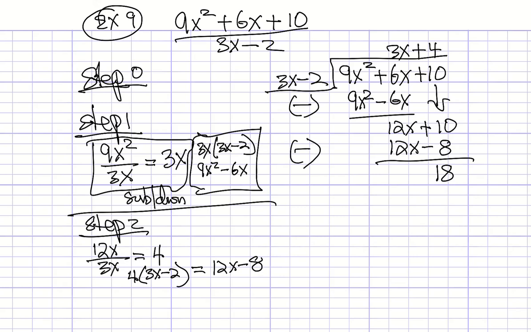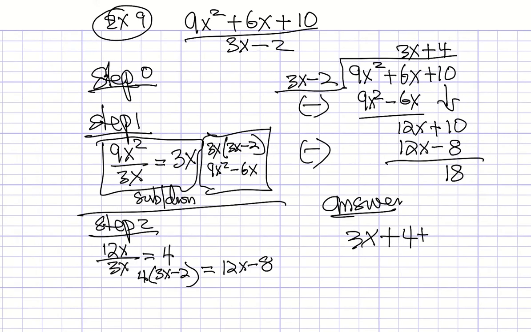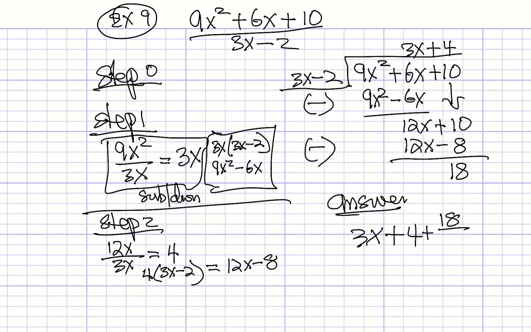So we'll say our answer is 3x plus 4, plus remainder 18. You don't have to put that arrow there because it doesn't make sense to put it there. It's 18 over 3x minus 2. You see it, right?